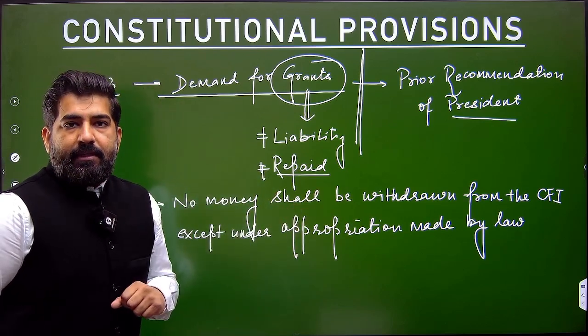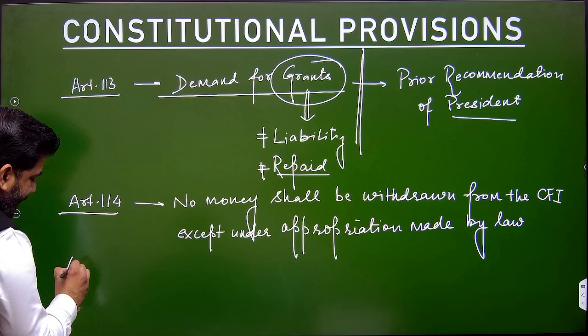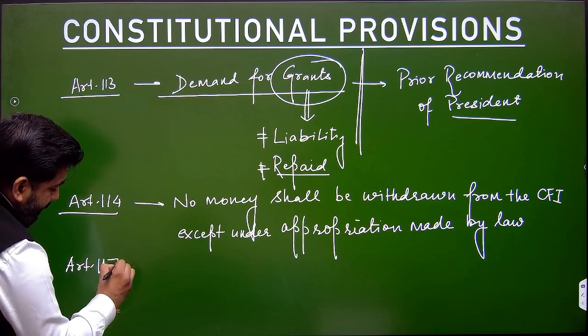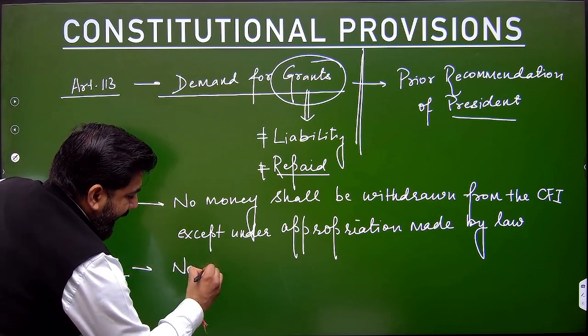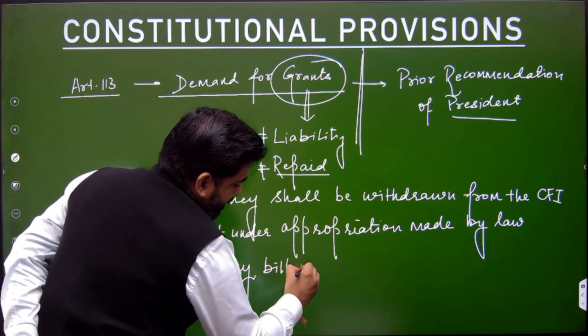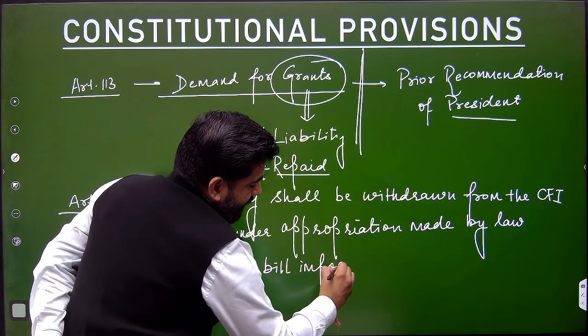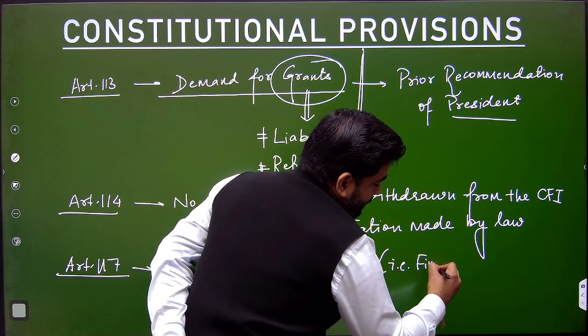Clear? Only to comply with this requirement. Then there is Article 117, which clearly says no money bill imposing tax. No money bill imposing tax. That is the finance bill.